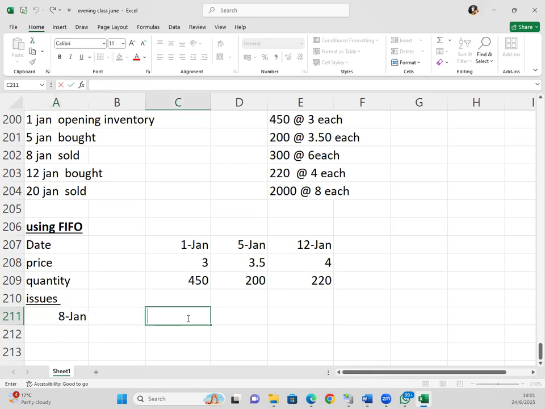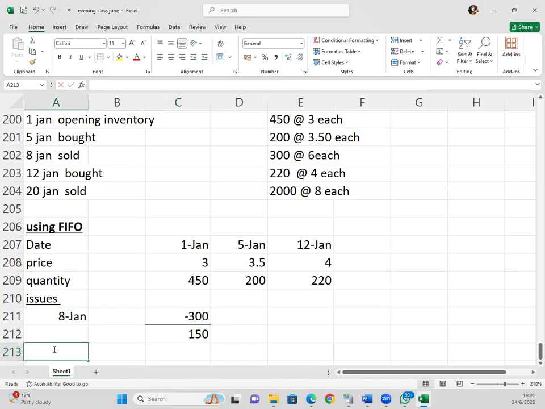It's the 450 batch, bought on 1 January. Using FIFO, that batch would be left with 150 units.